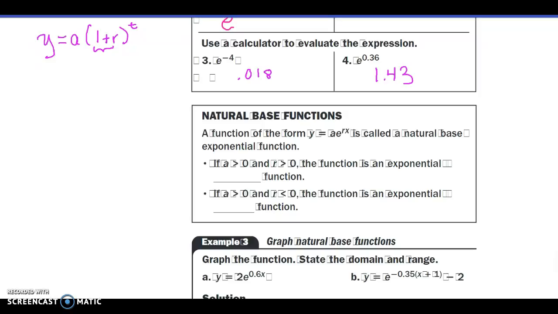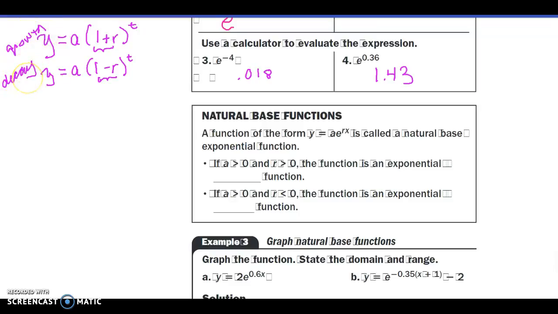So if that's bigger than 1, we know we have growth. If we have y equals a times 1 minus r to the t power, then this is going to be a fraction that's less than 1, and we're going to have exponential decay. So this is growth, and this is decay.